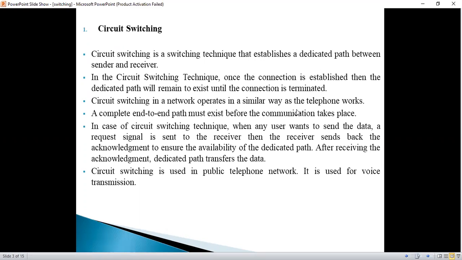Okay, that means that path will not be used by any of the other devices. It will just be used by the two devices which need to communicate with one another, right? Other devices cannot participate. That path will only be reserved for that sender and its receiver, right? So this is all about circuit switching.